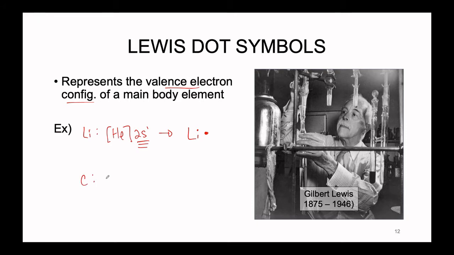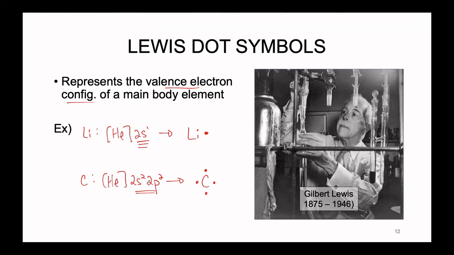Carbon, as another example, has an electron configuration with a core of helium, 2s2, 2p2, and this translates into a Lewis dot symbol with carbon in the center and 4 dots all around it, where each of those 4 dots represents one of these 4 valence electrons.